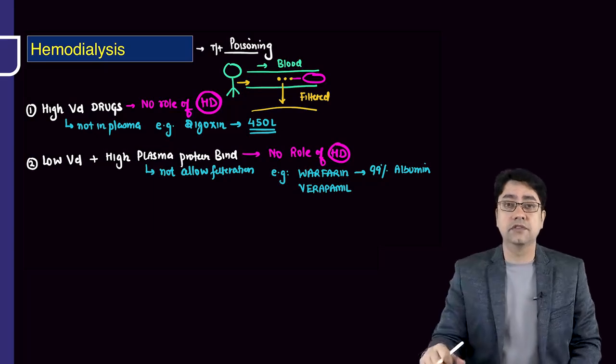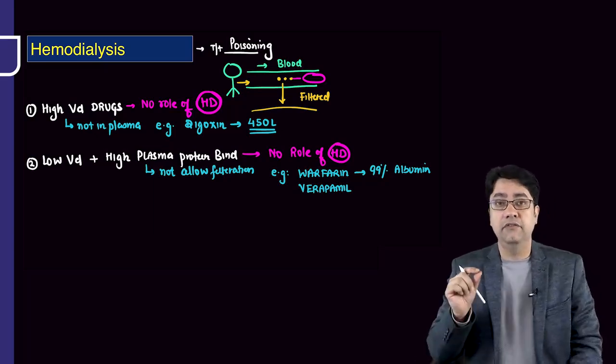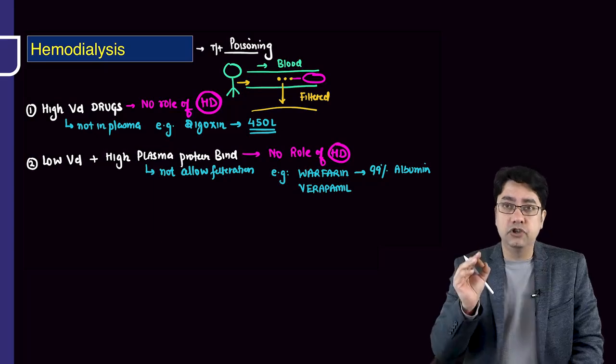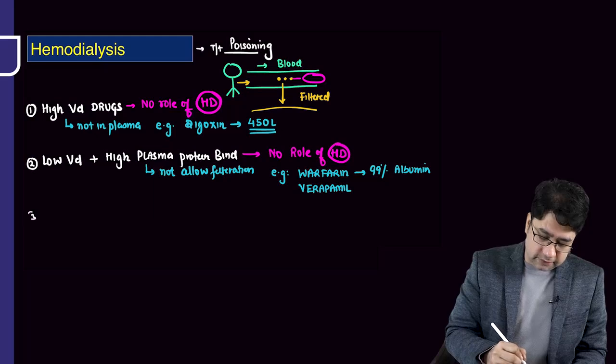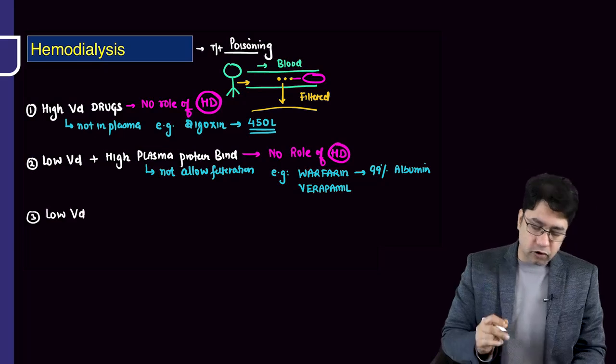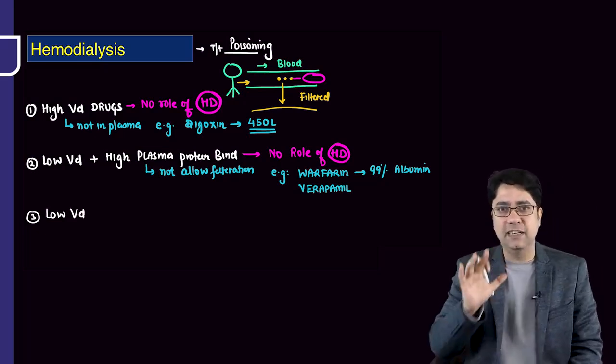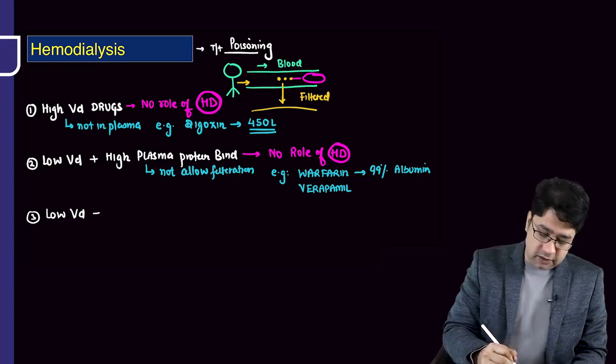So the question comes, finally, in which poisoning should we do hemodialysis? We do hemodialysis in low VD drugs. Low VD means the drug is present in plasma with low plasma protein binding.